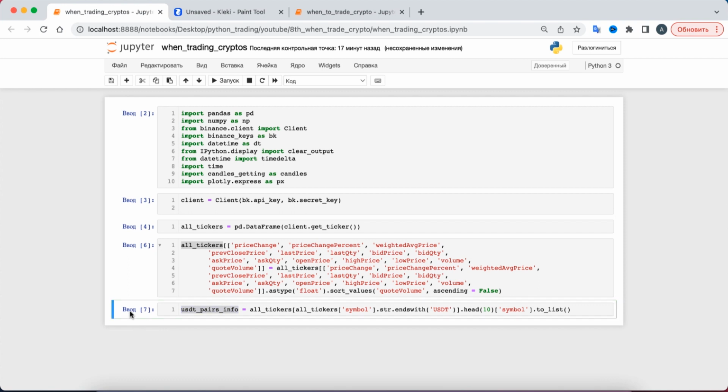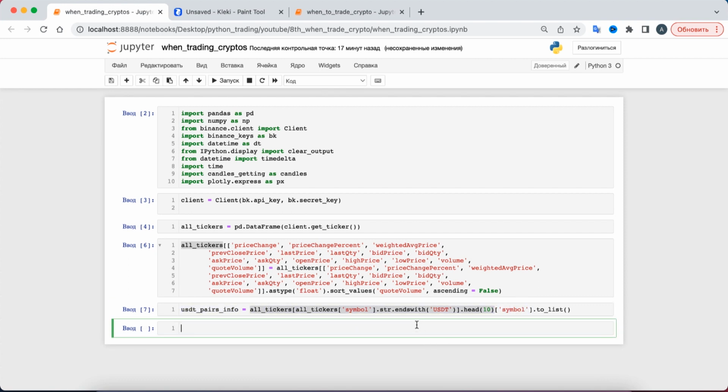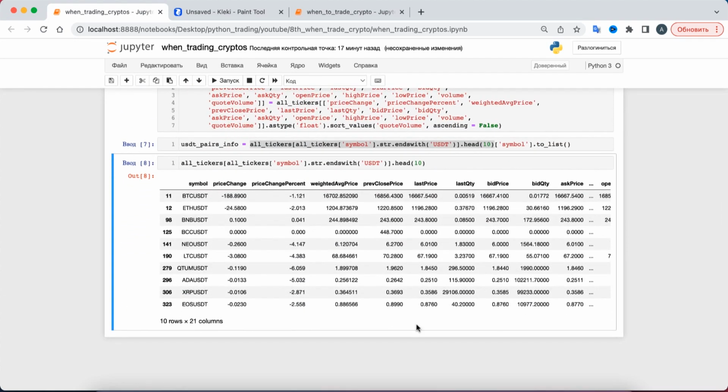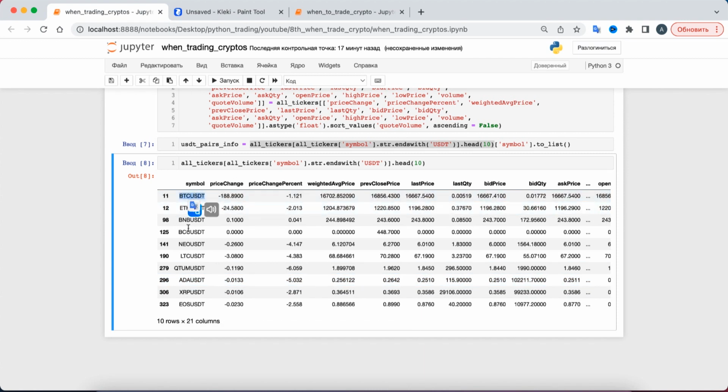Of course, you can check what I have before I convert the symbol list to a list. Sorry. Bitcoin, Ethereum, Binance Coin, and so on.